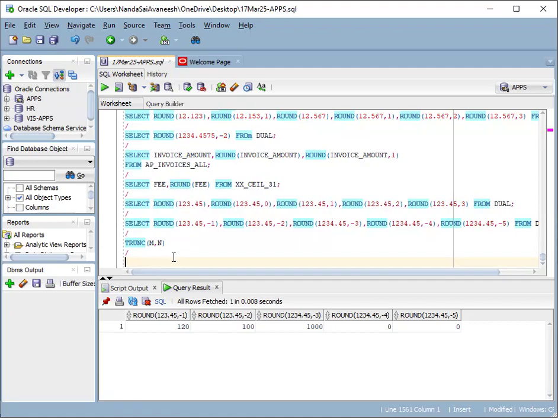The ROUND function verifies the condition, that is, after the decimal point, whether there is a 5 value or not. But TRUNC won't check whether it is a 5 or not. Directly it will remove the value and return the number with some digits truncated.